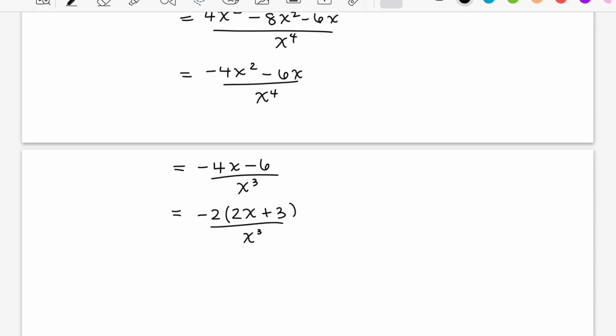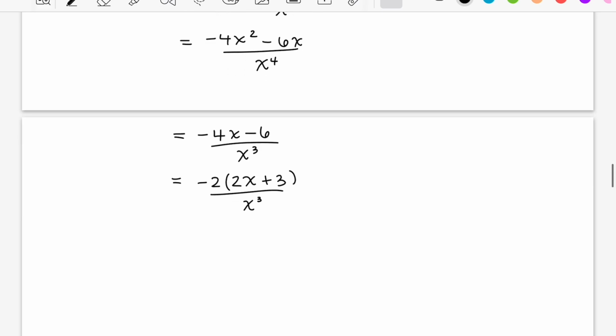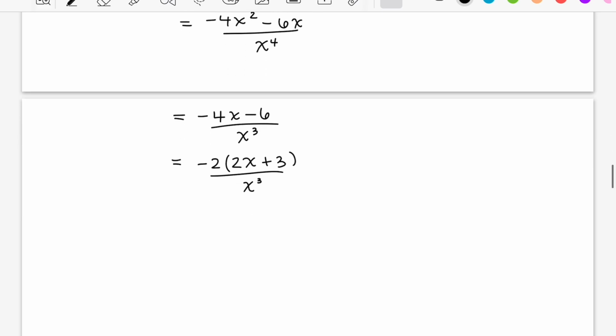Alright, so that is our derivative. We want to find the partition numbers of this guy. So first we know that our derivative is going to be undefined when x is equal to 0, so we can't divide by 0. So that is one of our partition numbers.